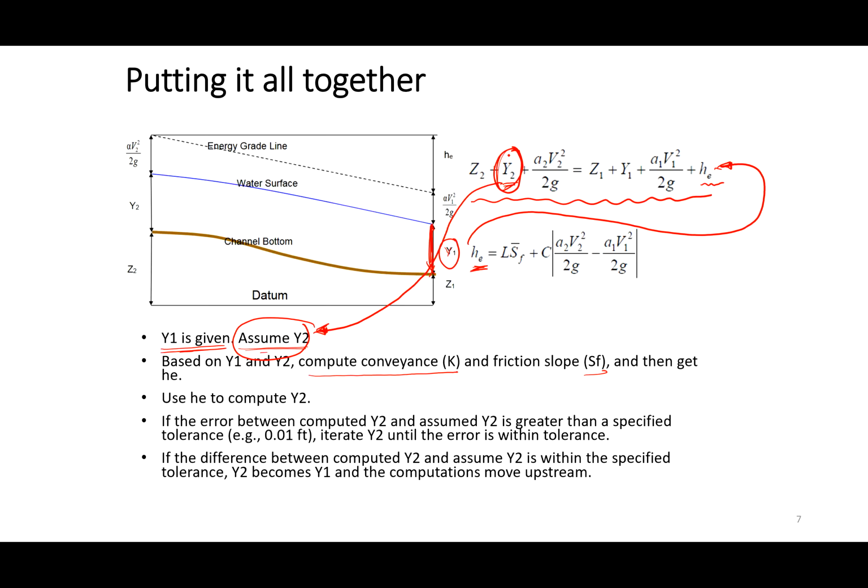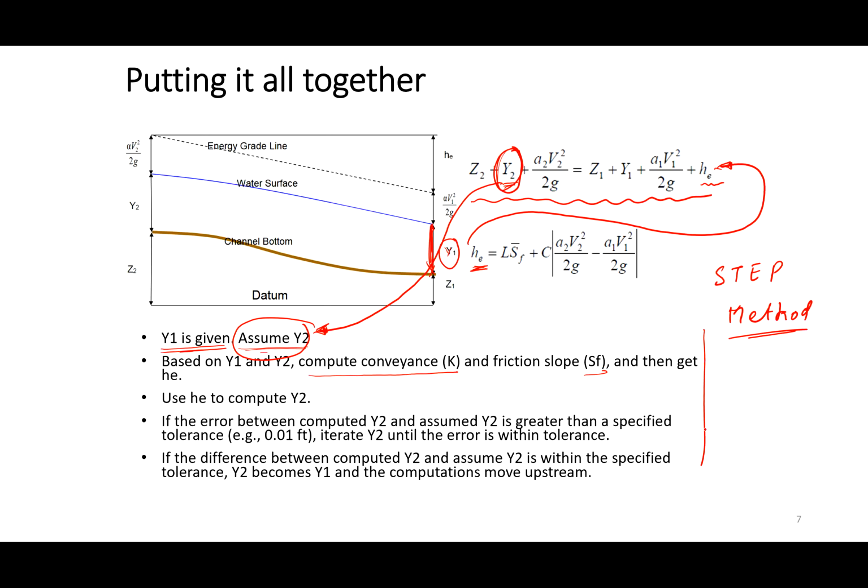The way I'm explaining this is very simple, and to really understand it, you have to take an open channel course. This method is called the step method. You start at one cross section and keep moving upstream until you get to the end.